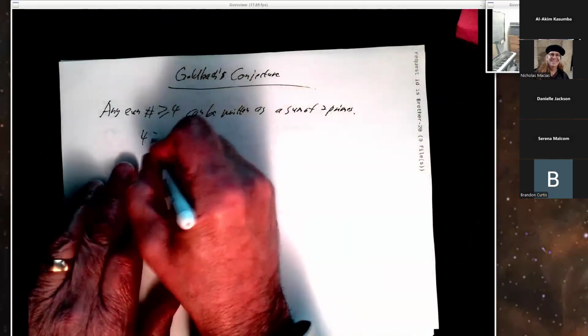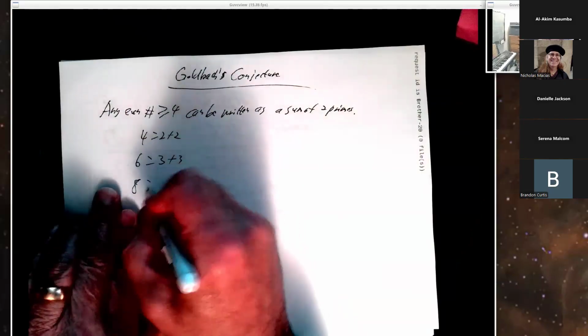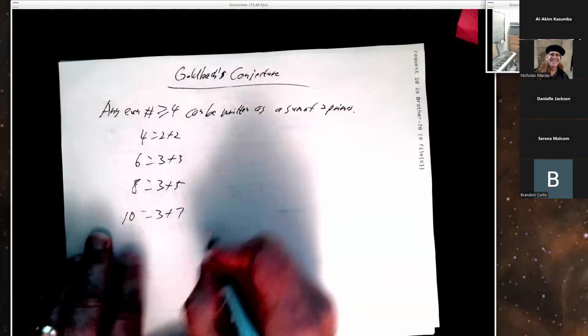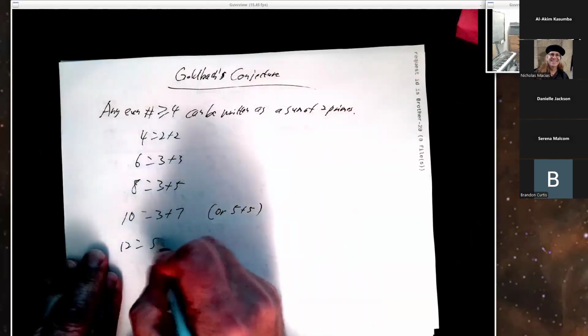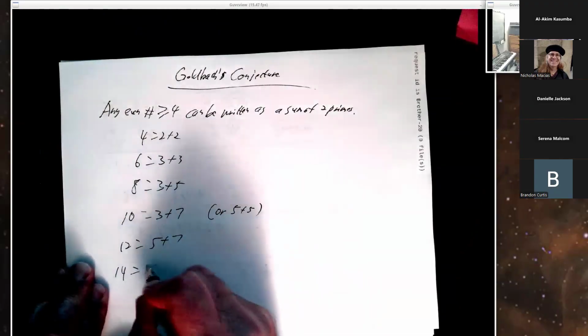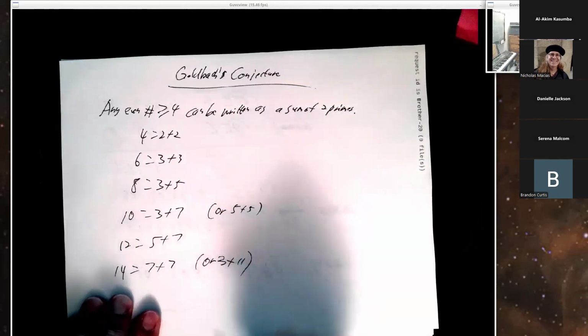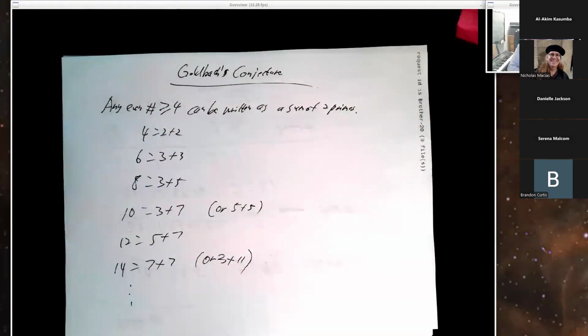So for example, 4 equals 2 plus 2, 6 equals 3 plus 3, 8 equals 3 plus 5, 10 equals 3 plus 7, or 5 plus 5, 12 equals 5 plus 7, 14 equals 7 plus 7, or 3 plus 11, and so on. The claim is any even number can be written as a sum of 2 primes.